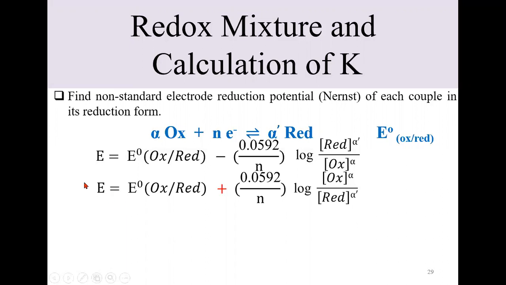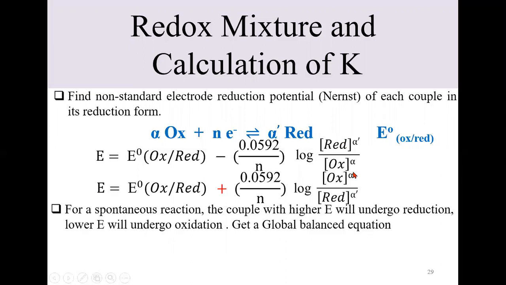Once you have an E for the corrected potential for each of the two different couples, then you would choose the higher E that will undergo reduction, the lower E will undergo oxidation, and you get an overall global balanced equation.